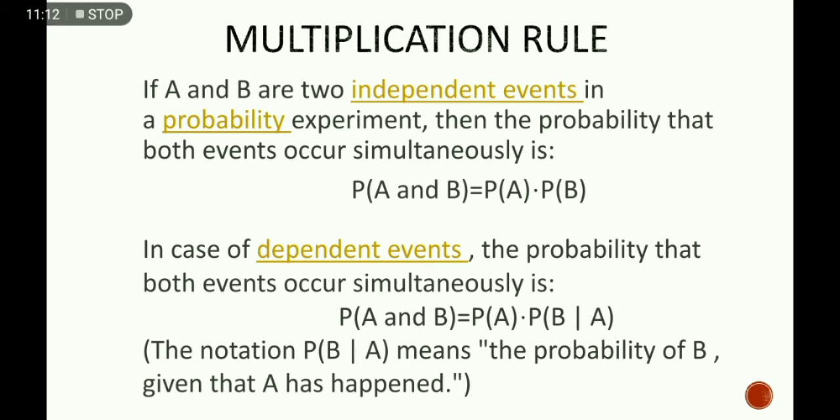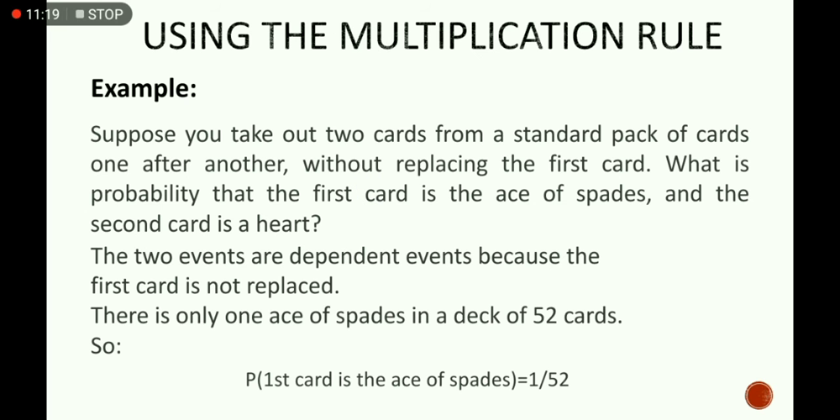So, mas maiintindihan nyo to sa isang example na ipapakita ko. So, in this example, suppose you take out 2 cards from a standard pack of cards, one after another, without replacing the first card. What is the probability that the first card is the ace of spades and the second card is a heart?